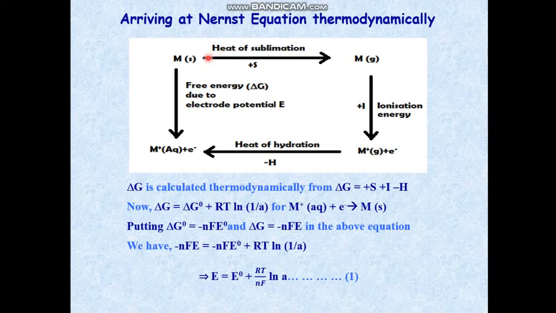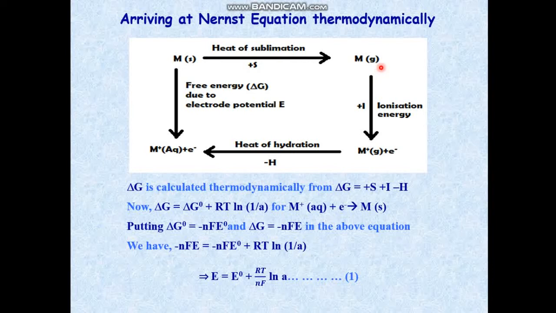First of all, sublimation of the solid metal into metal vapor or gaseous metal. In this regard, the energy required is called the heat of sublimation, because solid to gas is the phenomenon known as sublimation, and the heat required is called the heat of sublimation, which is denoted as plus S. This plus sign is because heat is being absorbed here or heat is applied here.